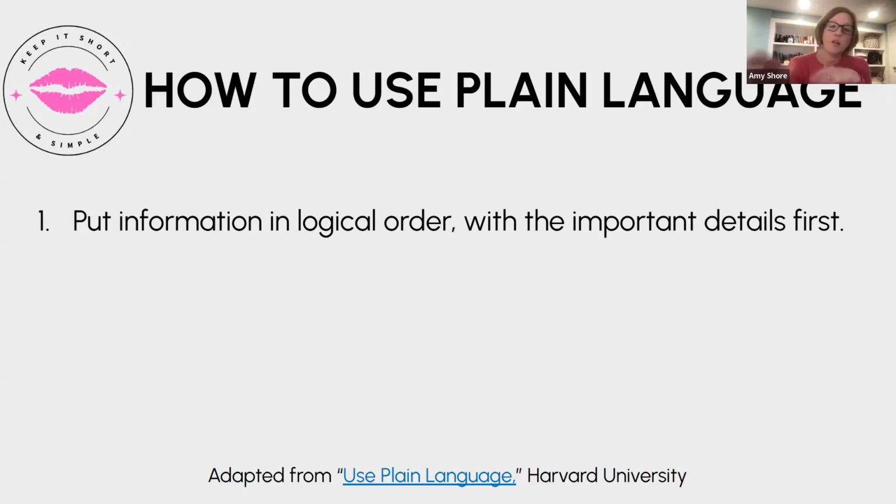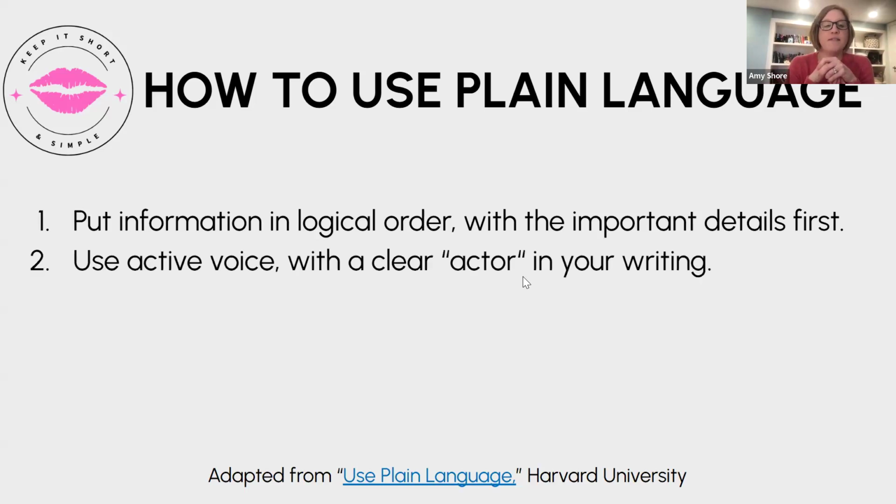Some of the things that go beyond just keep it short and simple, my little logo that I made there at the top, KISS. 1, put information in logical order with the important details first. 2, use active voice with a clear actor in your writing.